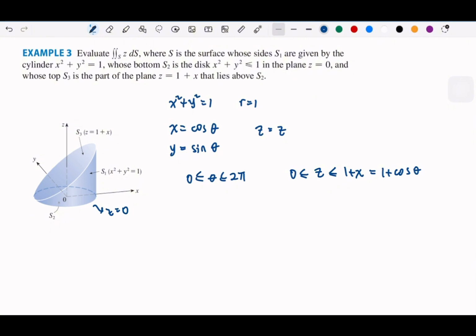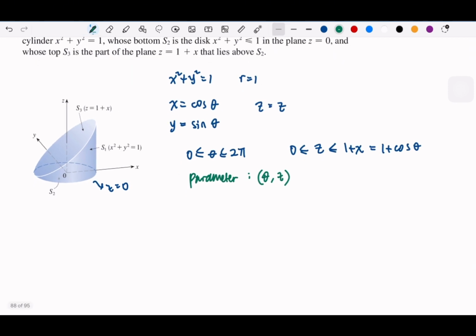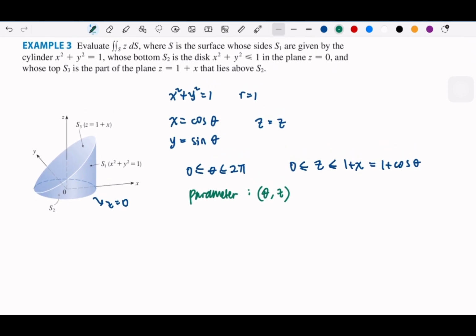So we are going to take the parameters. So the parameters are theta and z. Okay. So we can take the cross product for theta and z.